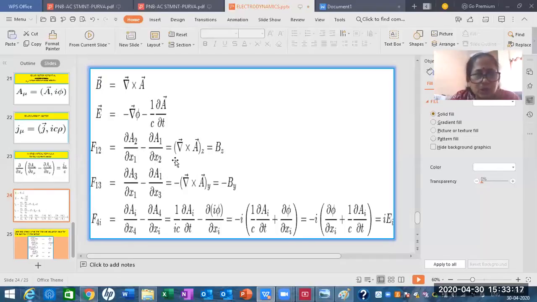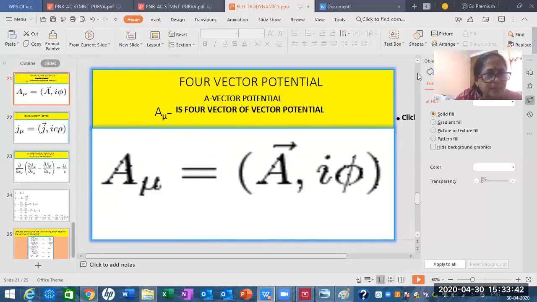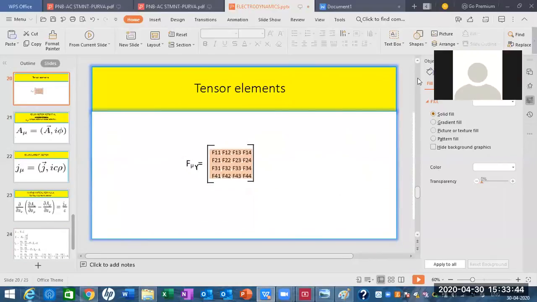Now this can be related to del cross A. So what is this? A you can differentiate with respect to x. You will get the first component. How do you define A? A is defined by this equation. A is differentiated with respect to what?